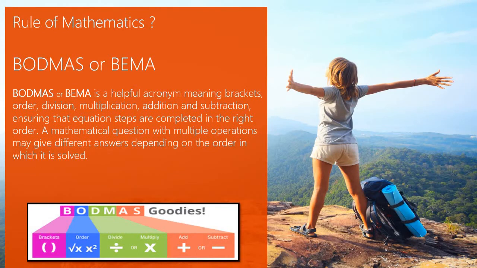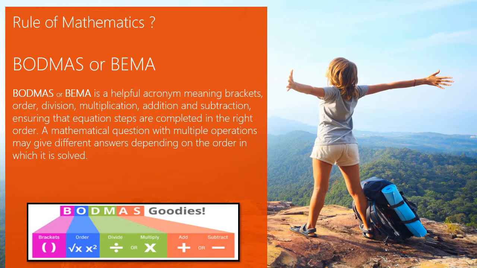Everyone remembers the rule we learned in school and graduation time, the BODMAS rule. It's a very basic rule of mathematics. So BODMAS, or BEMA as it's called in Excel.